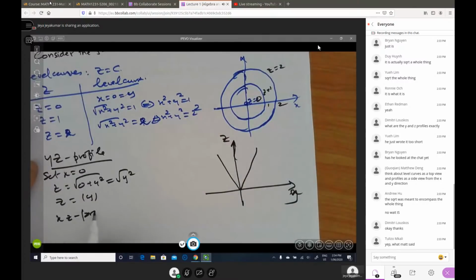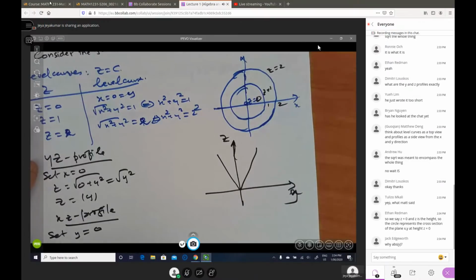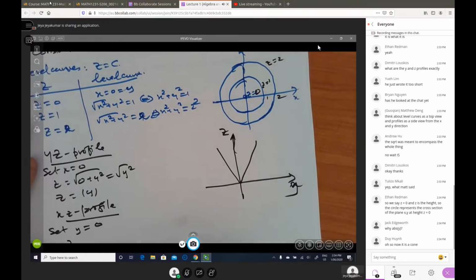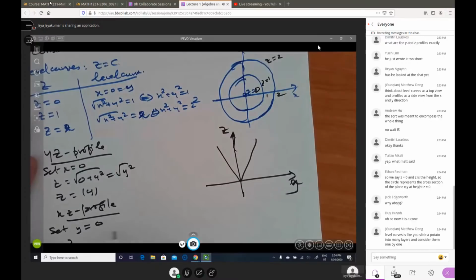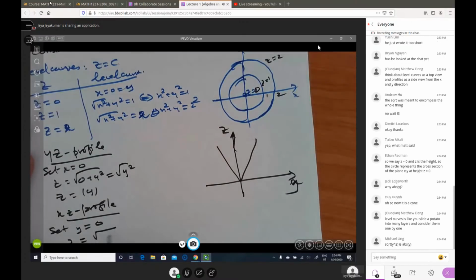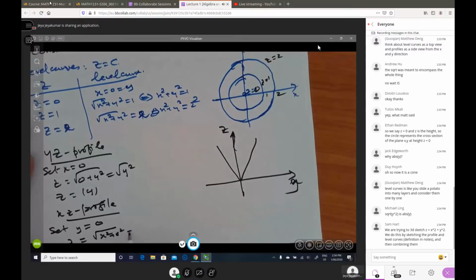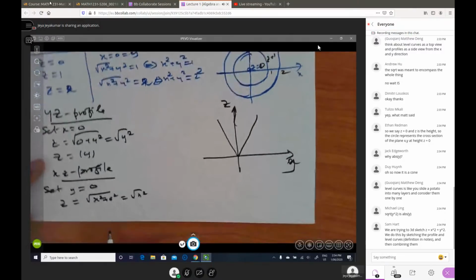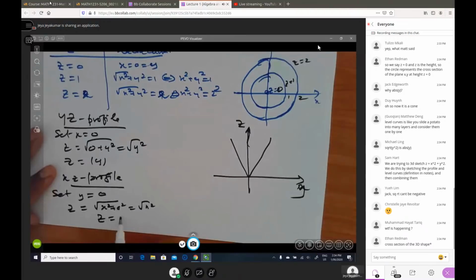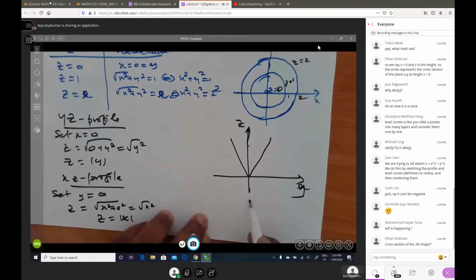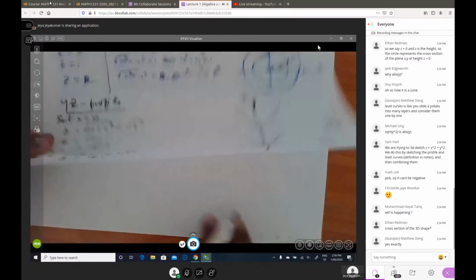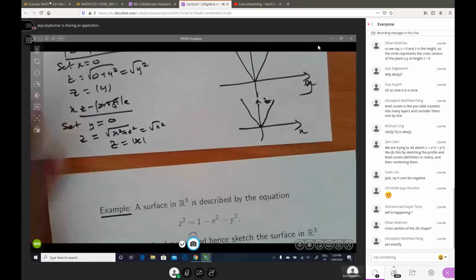If you look at the xz profile, set y equals 0, and when you take the square root, in this case square root of x squared plus 0 squared, that is square root of x squared, which means z equals absolute value of x. Here, that is also x and z, absolute value of x. Now you can put together to sketch the curve and the surface here.